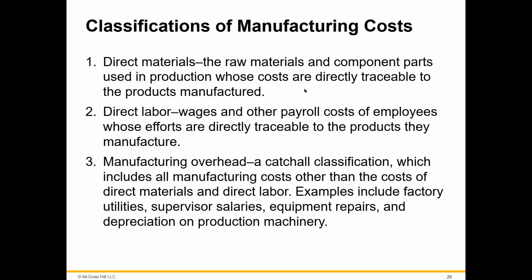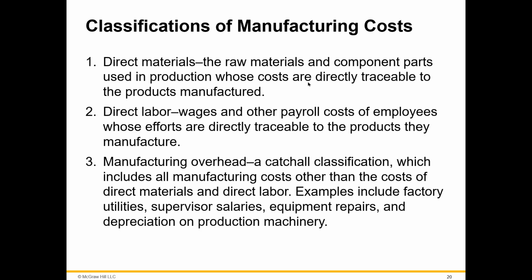So direct materials are those raw materials and component parts used in production that are directly, the key here is directly, traceable to the products manufactured. So if I have a computer and I want to see what the direct materials are, I would say, what's the cost of a hard drive?